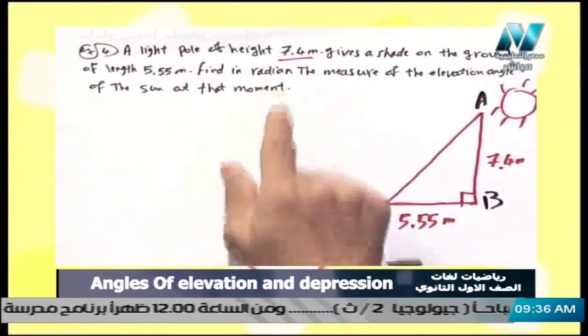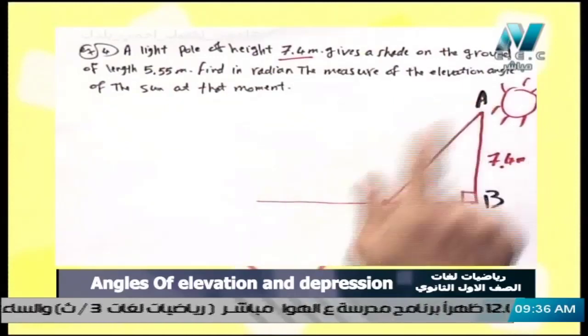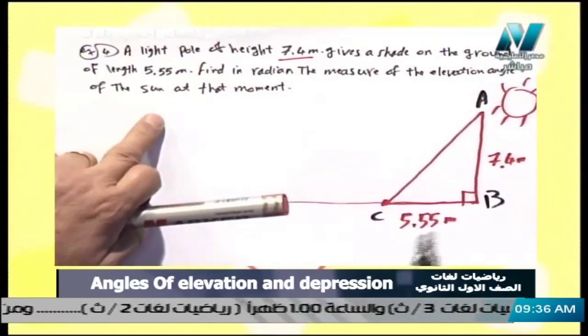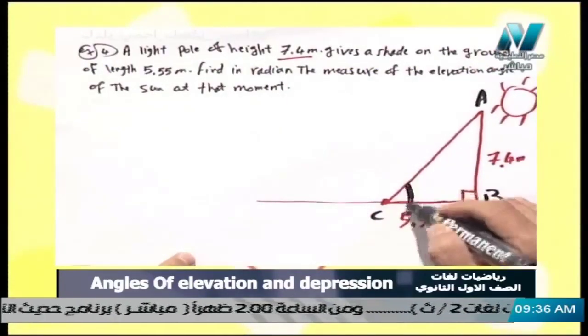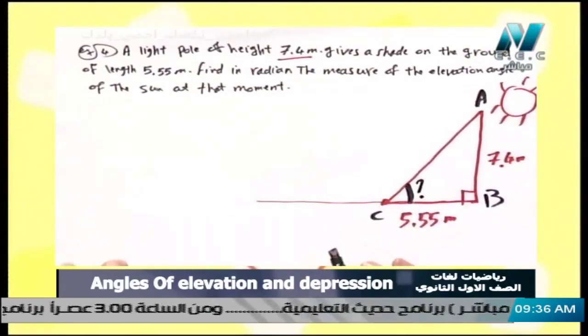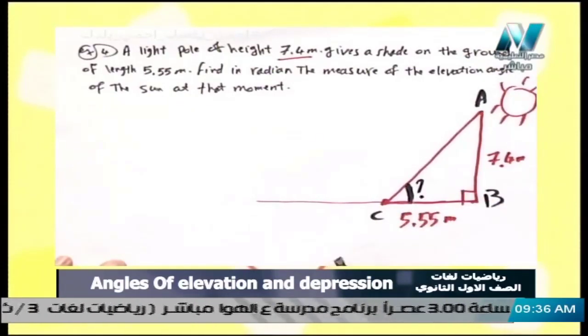Find in radian the measure of the elevation angle of the sun at that moment. So we have here the elevation angle, and we would like to calculate it.